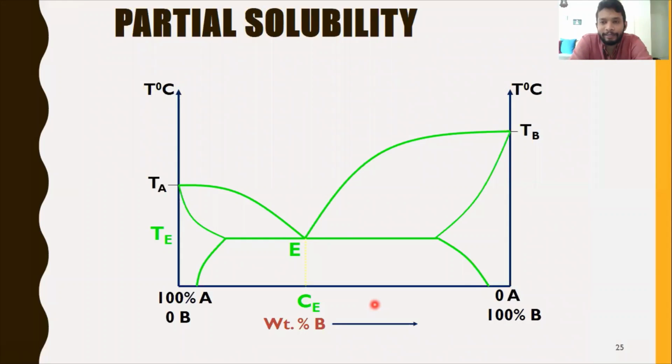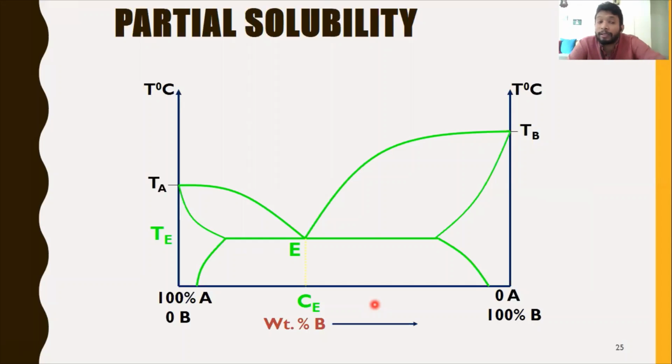The last one we did is called complete insolubility. Now we are coming to the next one, partial solubility. So what happens here? In complete solubility, it's like water and sugar; they mix together very well and we can't see what is there.